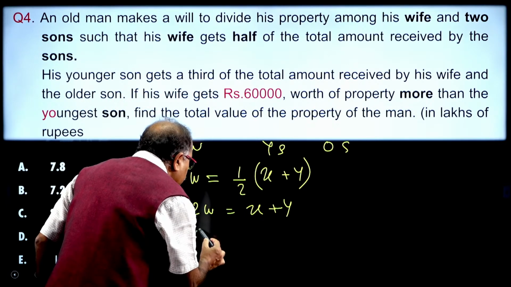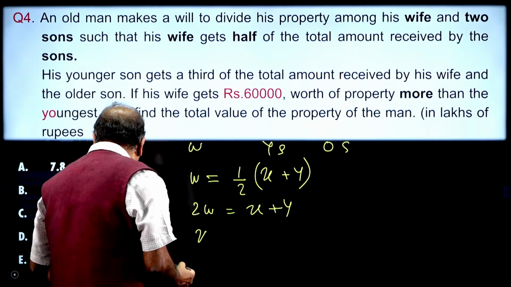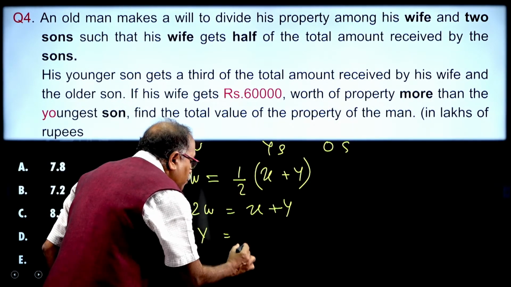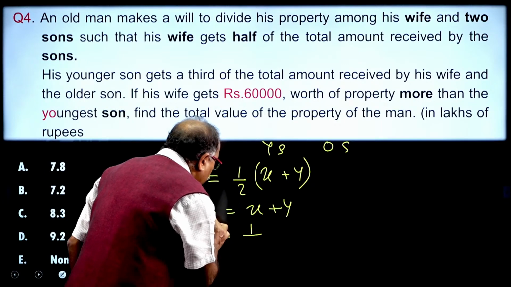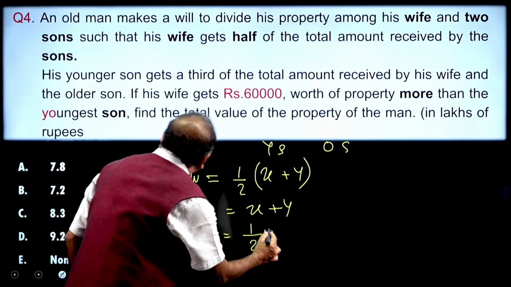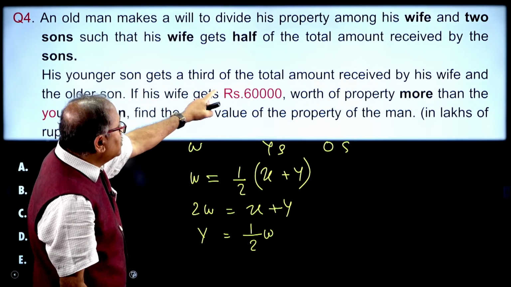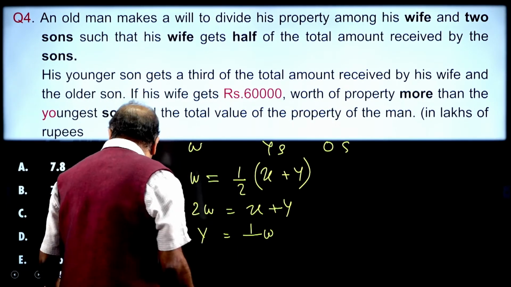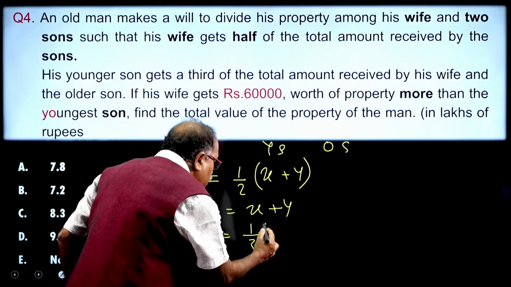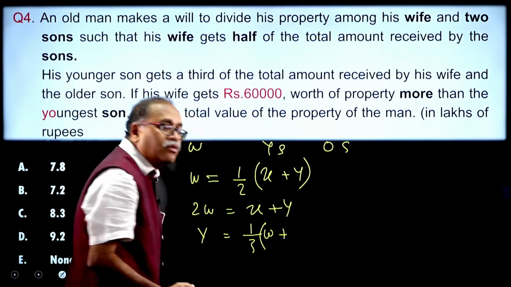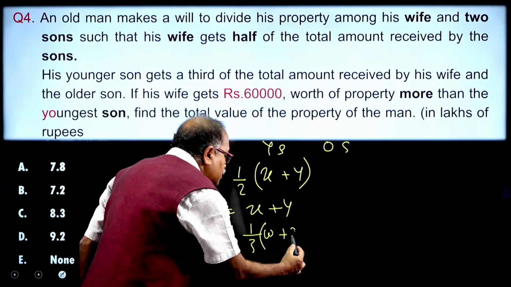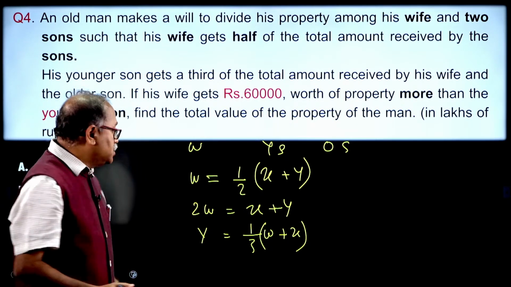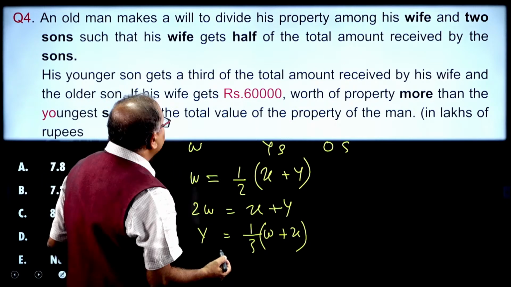So one more equation is there: the younger son is y, and y is equal to 1/3 of the total money received by the wife and the older son, one-third, not half. So this is 1/3 of (w plus x). Can I solve this equation and see what relation comes over here?